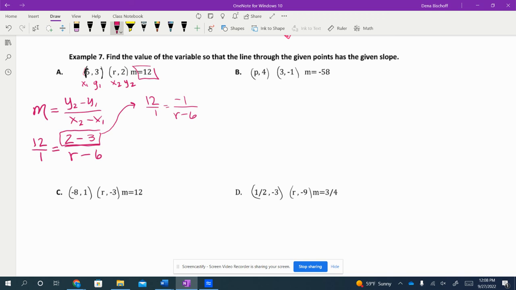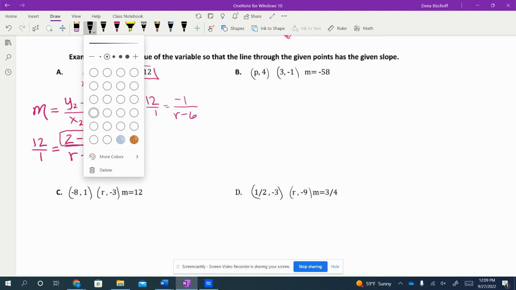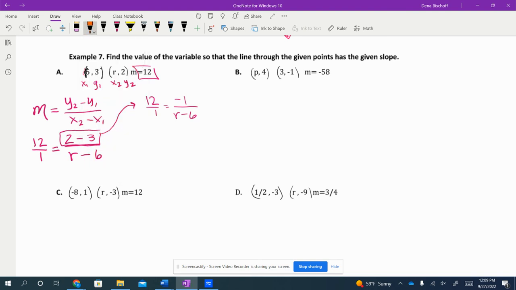How do I solve a proportion? I forgot. Don't everybody shout it out at once. I'm smiling underneath my mask. You can't see it. What do you think? What if I do this? If I do this, it's going to give it away. Oh, cross multiply. What is negative 1 times positive 1? I said if I multiply them, negative 1 times 1 is negative 1.